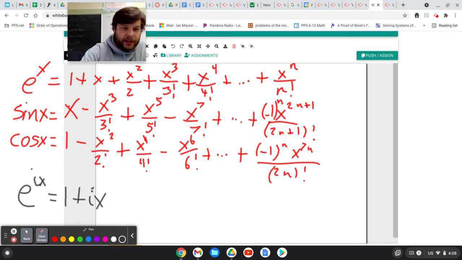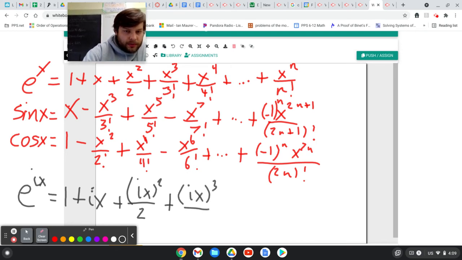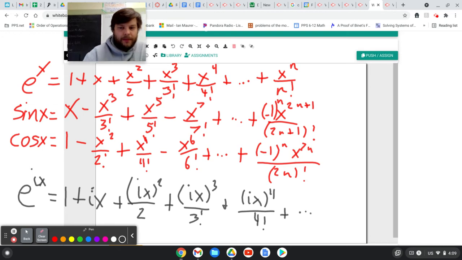So it's not 1 plus x, it's 1 plus ix. Then it's ix squared over 2 factorial, and then ix cubed over 3 factorial, and ix to the fourth over 4 factorial, and so on.